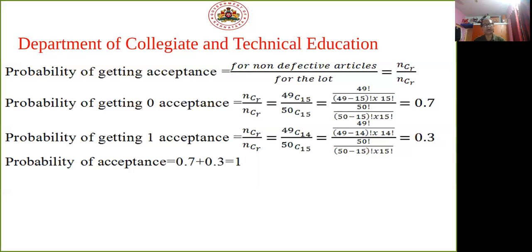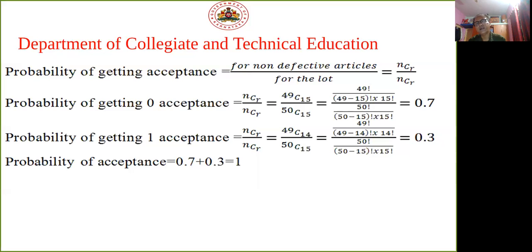Here, for the probability of getting 0 defective, the numerator is 49C15 and the denominator is 50C15. In the calculator, NCR is there. Before pressing NCR, you type the value of N, then NCR, then the value of R, and you get the answer.